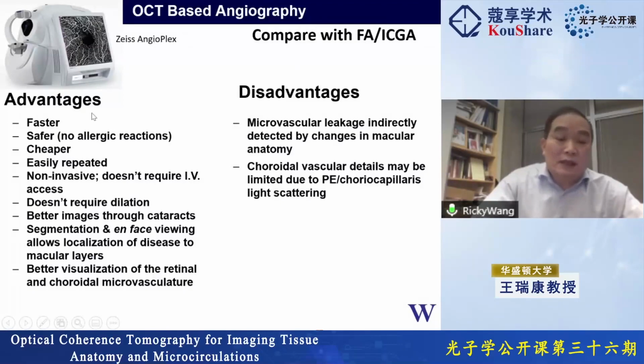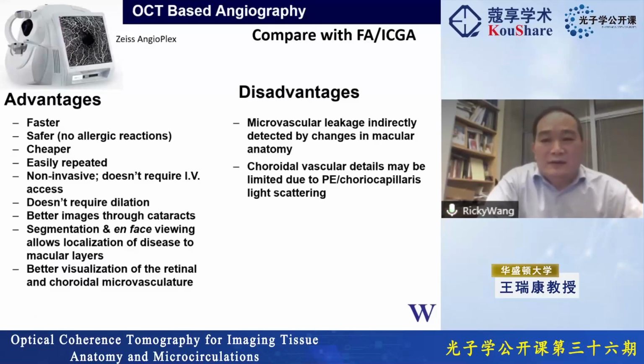Compared with OCT, OCT has the advantage of being faster, it's safer, right? And it's much cheaper. I heard in China, FA is really cheap. I think if you do the FA on the patient, it only costs the patient about 250 yuan. Okay, and it's really cheap.